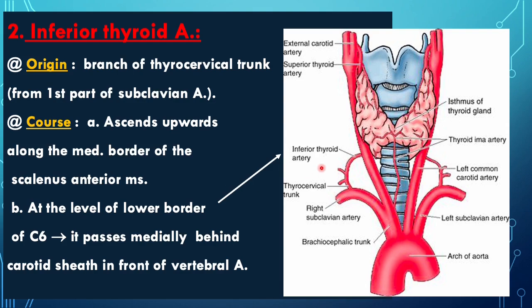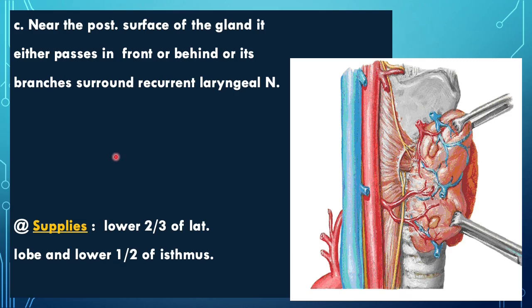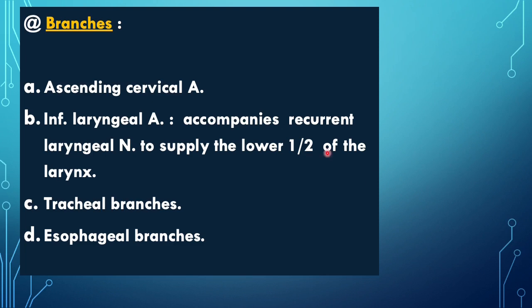This turn is at the level of the cricoid cartilage, I mean at the level of the C6 cervical vertebra. Its branches supply the lower part of the larynx, the trachea, and the esophagus.